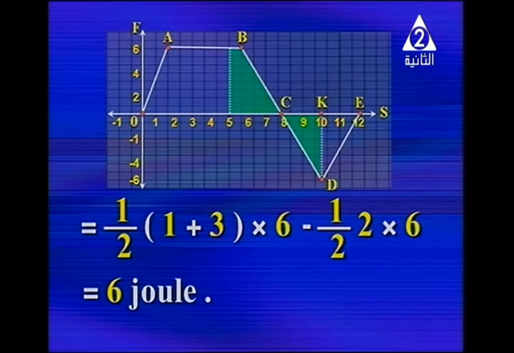The first trapezium, the green trapezium, has bases 4 and 1, and its height is 6. Then by using half times 4 times 6 minus half times 2 times 6, the area equals 6 joule. So the work done from S equals 5 to S equals 10 equals 6 joule.